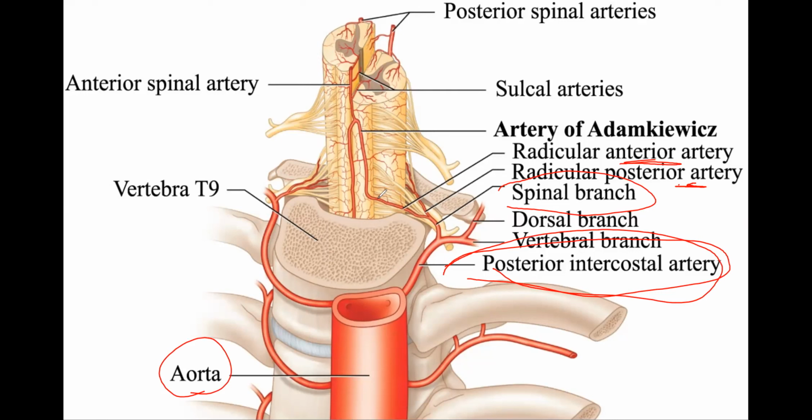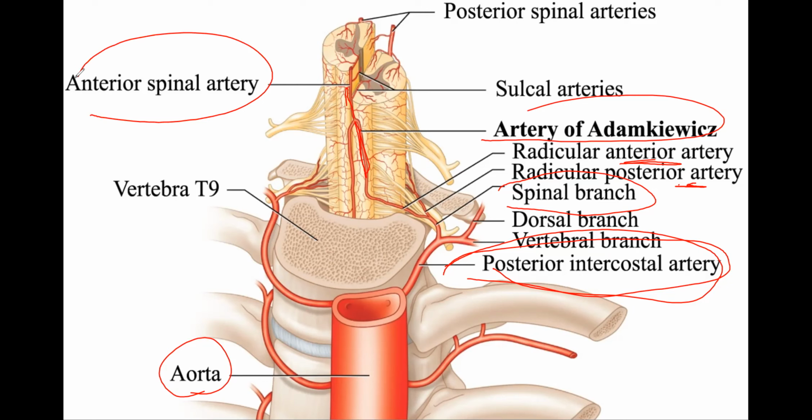This is known as the artery of Adamkiewicz. This supplies the anterior spinal artery and thoracolumbar and sacral segments. So these segments are susceptible to anterior spinal artery syndrome.